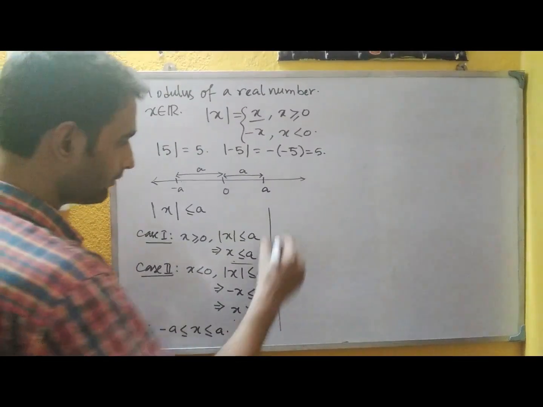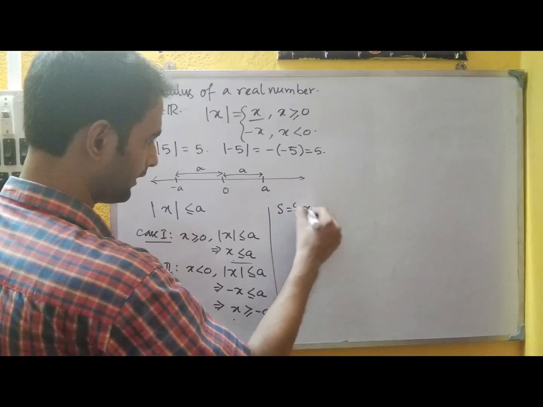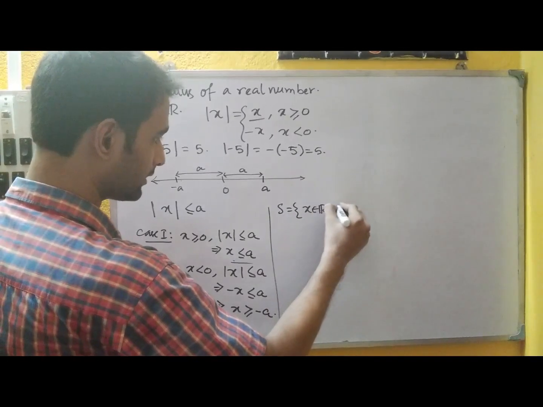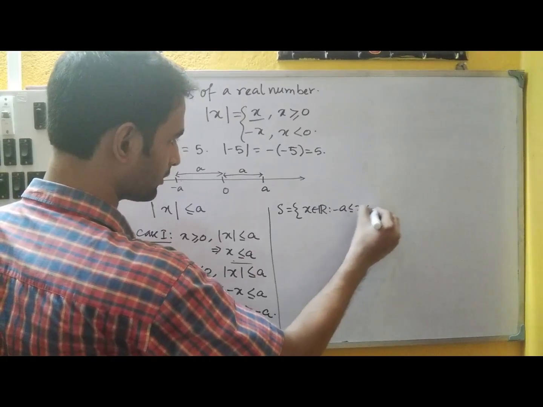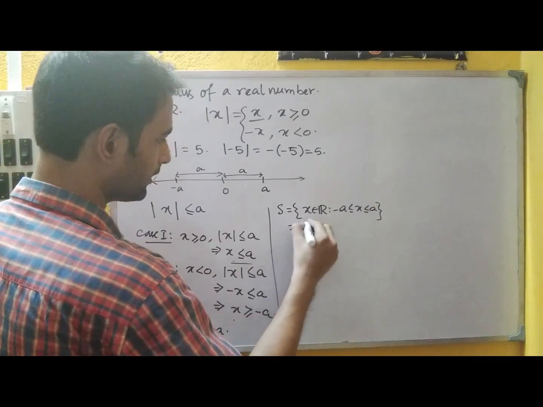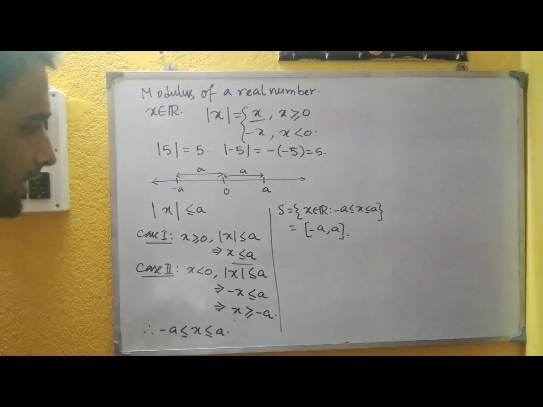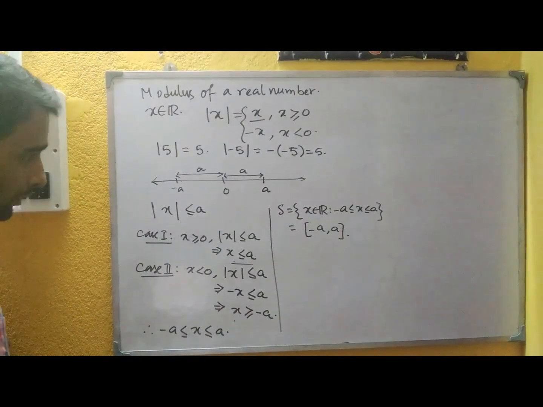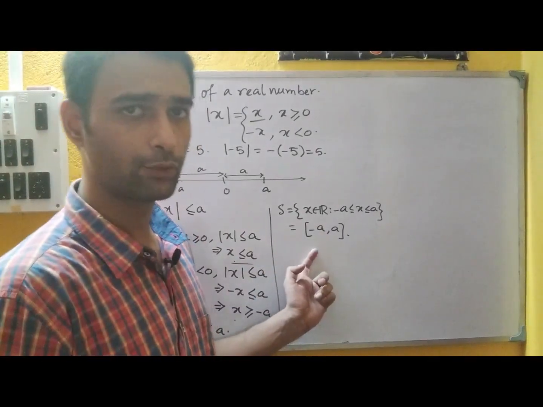That will give the solution set as x belongs to R such that minus a less or equals to x less or equals to a, and easily you can see that it is becoming the closed interval minus a to a. So for mod x less or equals to a, the solution set is the closed interval minus a to a.